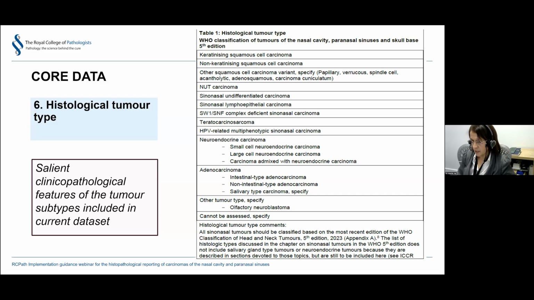We have the intestinal type and non-intestinal type, which are the non-salivary types. Also included in this data set is olfactory neuroblastoma. So in addition to carcinomas, we can also use this data set for olfactory neuroblastoma. So the additional feature of this data set is we have included an updated summary on all these specific tumor types, which should be useful for reference.